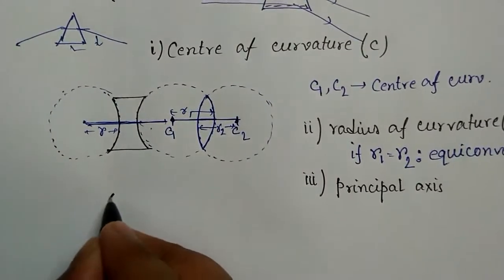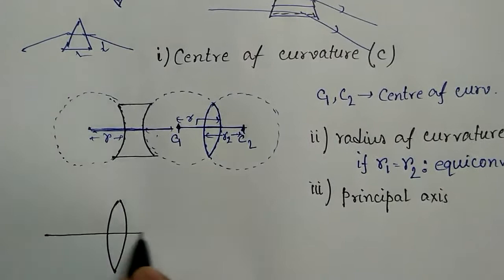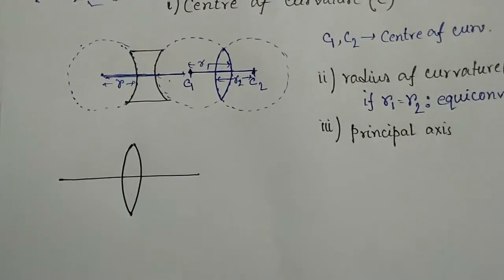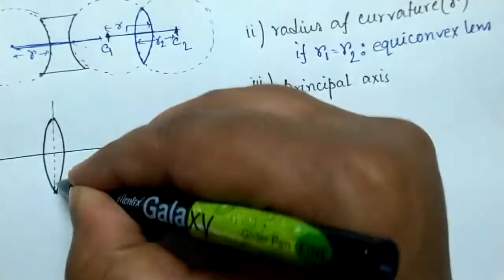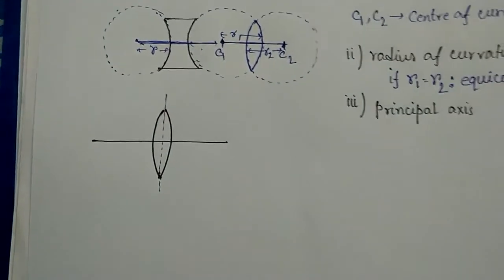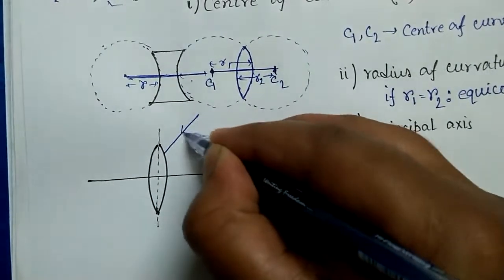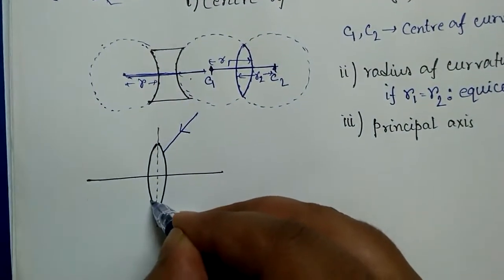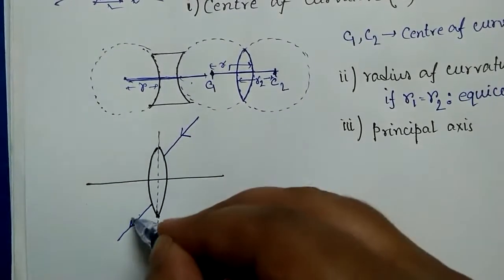Now I am drawing another lens. Let's say this is a lens, and this is the principal axis of the lens. Now I am drawing a cross section here. Let's say a ray of light is incident on it like this, and after refraction it is emerging from this side, which is parallel to this ray.